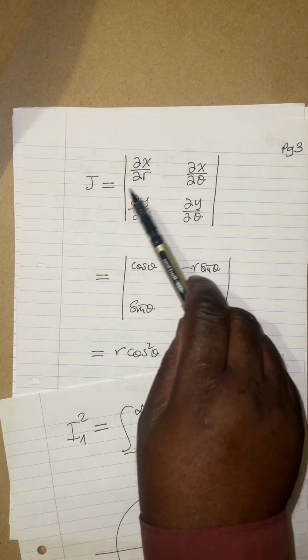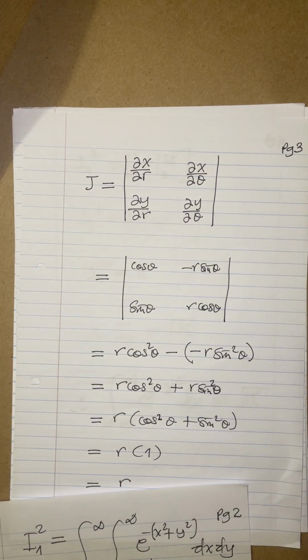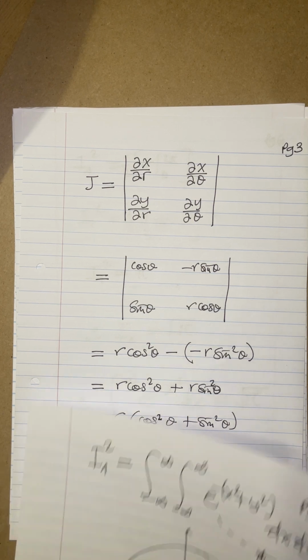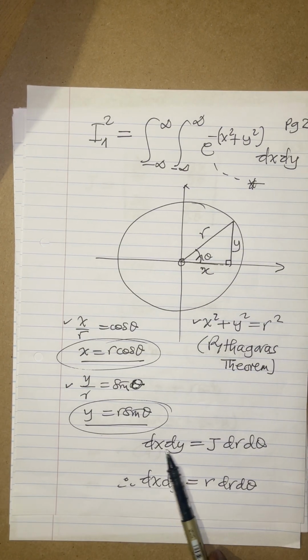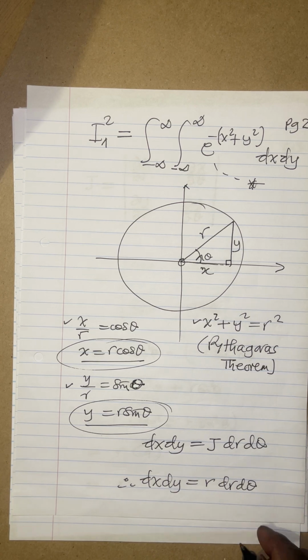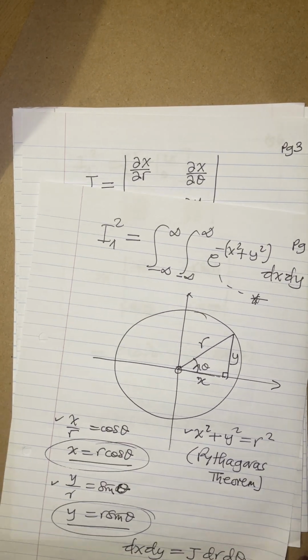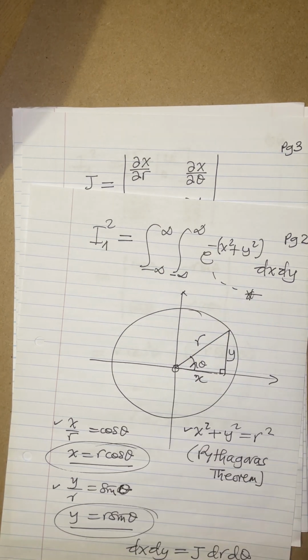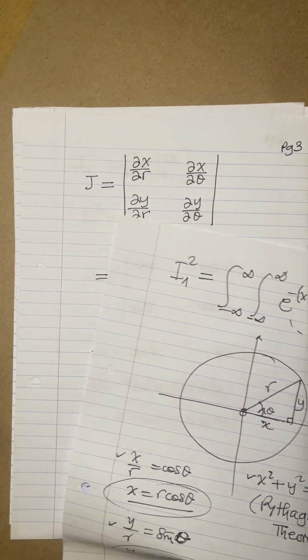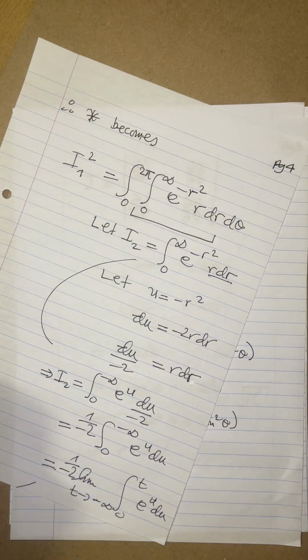And then we had to work out the determinant of that to produce what we call the Jacobian, which allows us to transition from the rectangular coordinate system to the polar coordinate system, thereby allowing us to transform the entire integral from rectangular coordinate system xy to polar coordinate system, which is on this page here, page 4.